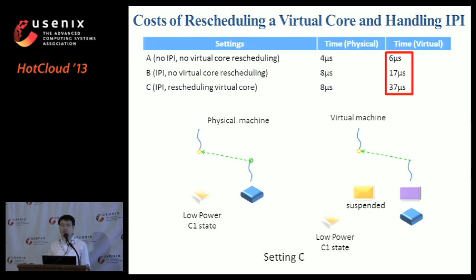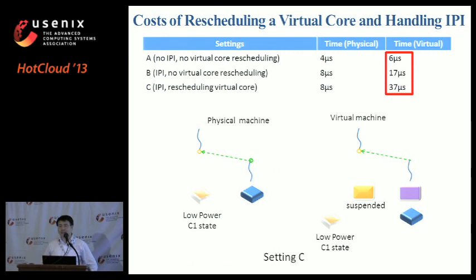I was just wondering if you maybe considered the baseline approach on your graph, without your solution, that actually explicitly pins the virtual cores. What will be the performance penalty then? I think the performance will be worse. So why? I mean, if I look at this graph here, you say if there is no core rescheduling, then this penalty is not that huge.